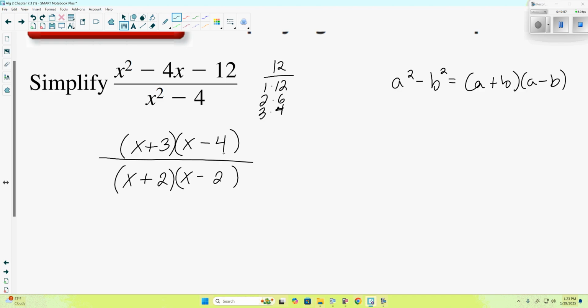I need, in one of those two spots, to have 2 to give us our factor. Do we want the 2 positive or negative? 6 negative. And again, we can check and make sure. X times negative 6 is negative 6x. Positive 2 times x is positive 2x, giving us negative 4x. That is the middle term we wanted.